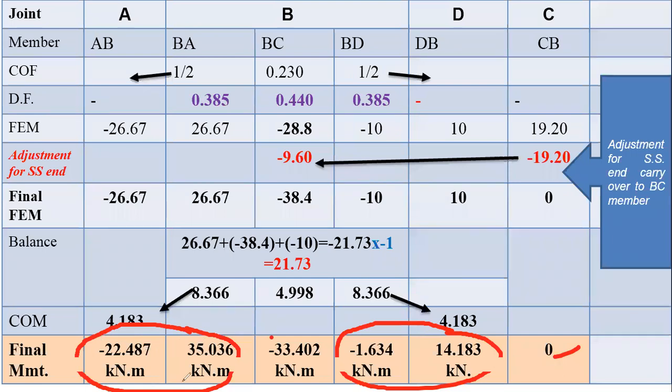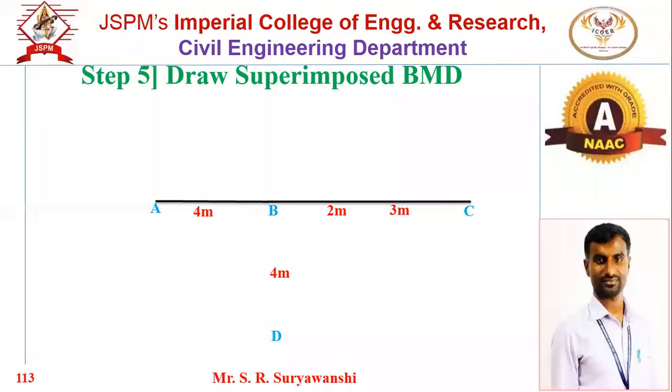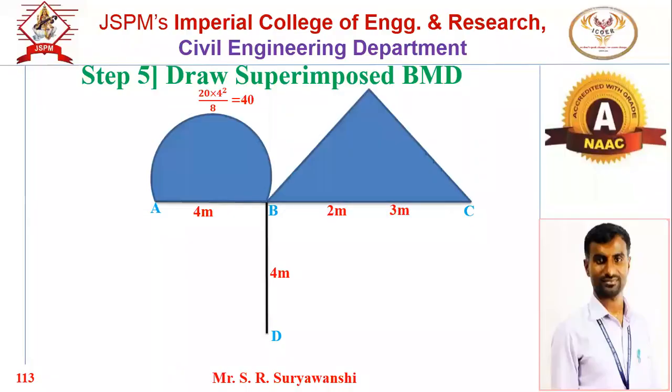So what about the BMD? For a member, if the moments are in opposite directions, the BMD lies on the same plane, or above the reference line. So the moments being plus and minus, or minus and plus, the BMD will lie on the same plane.